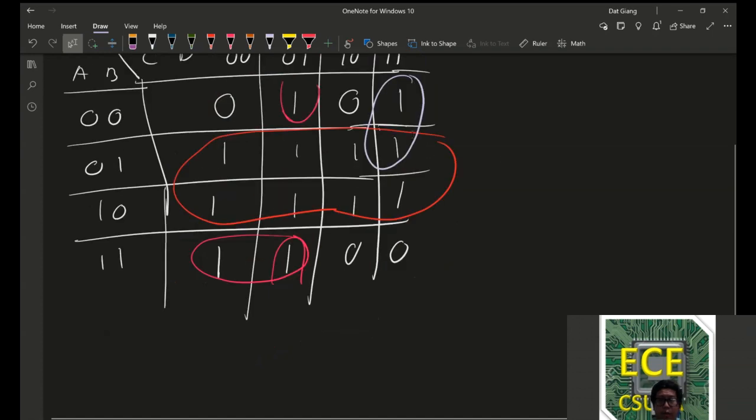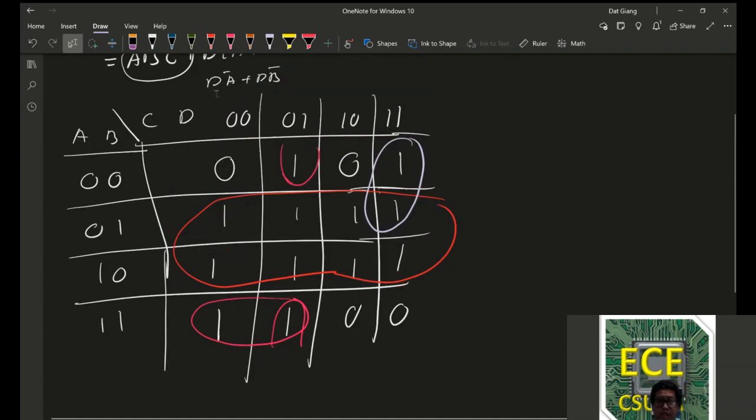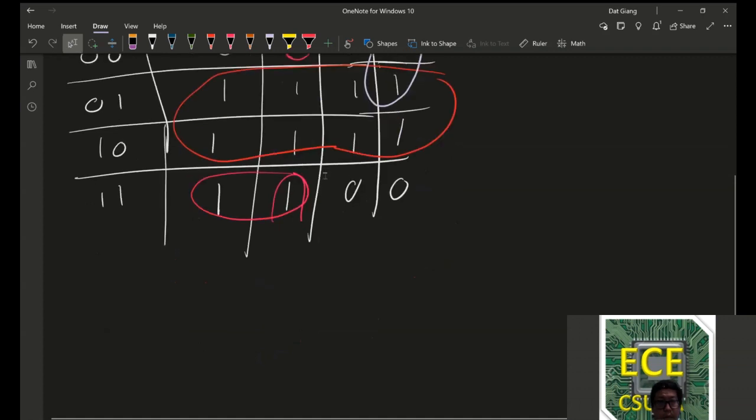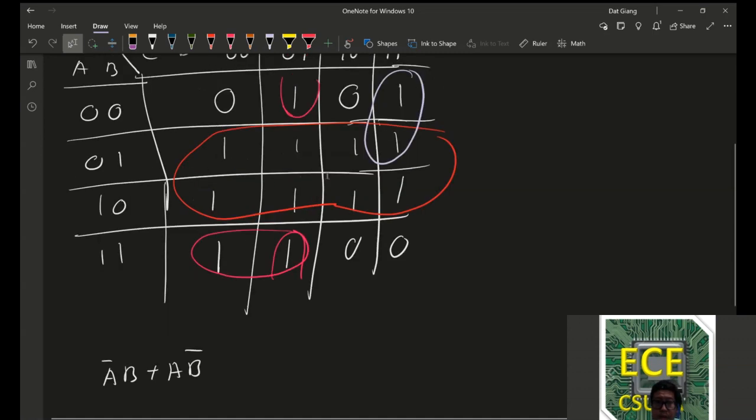Over here, we're looking at wherever there is no change. It seems that the only way there's no change is within these two. So we have A bar B plus A B bar. That's our simplification.